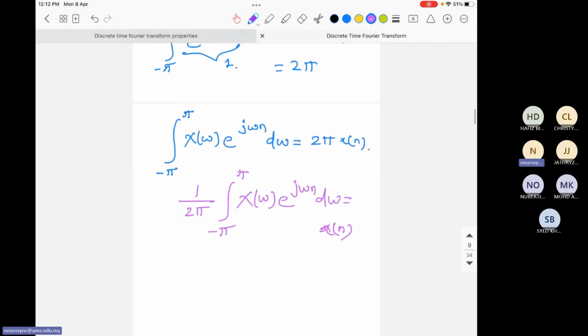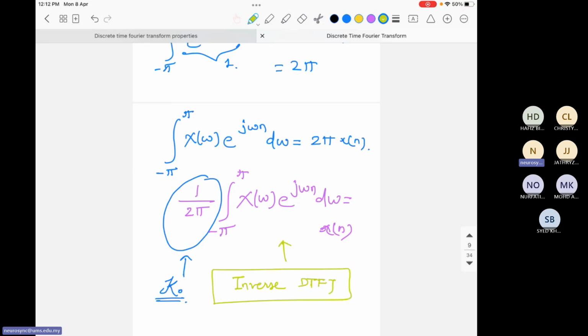So this 1 by 2 pi factor is nothing but the k naught factor which we had taken as unity while doing this derivation. So this is basically the inverse Fourier transform, the inverse discrete time Fourier transform, inverse DTFT.